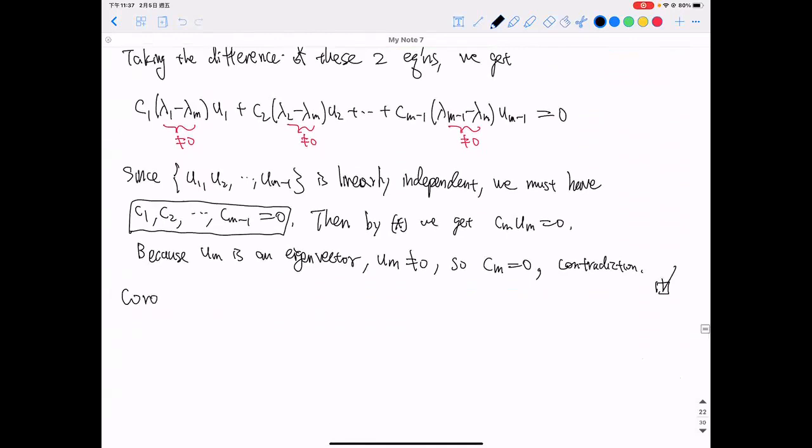So in particular, you can formulate the following corollary. Again, A is an n by n matrix.